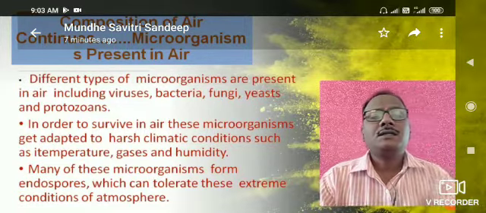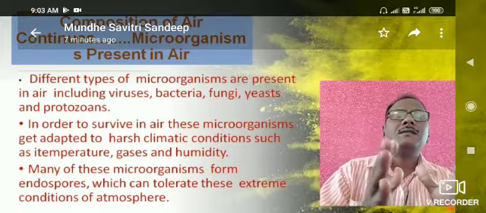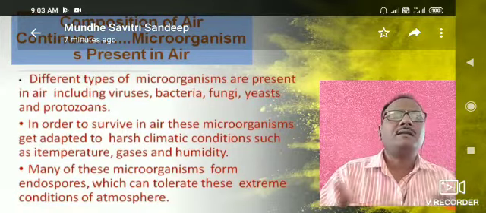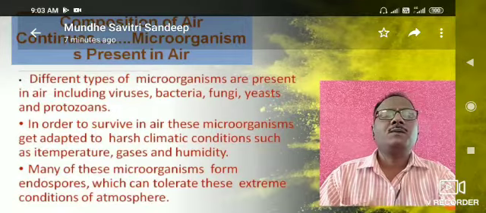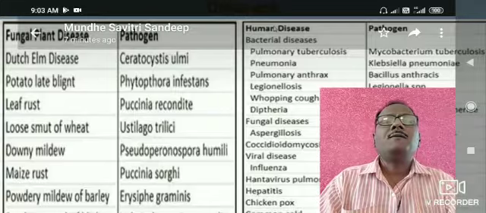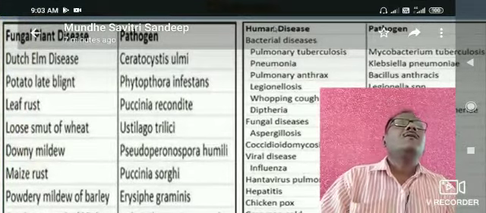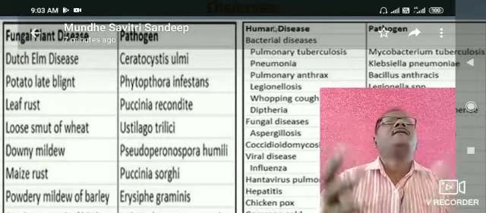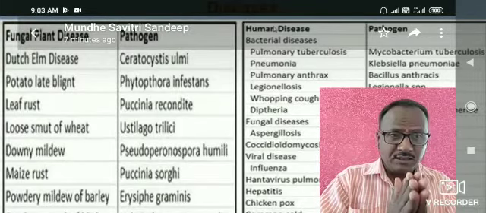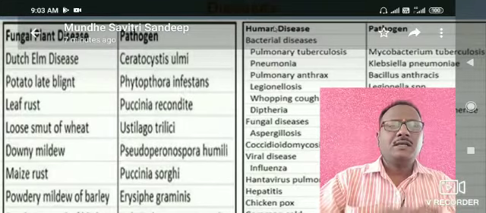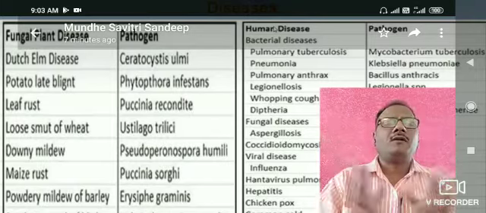After that, different types of microorganisms are present in the air. As I just gave a general idea, bacteria, algae and fungi are generally present in the atmosphere. Especially pathogenic, harmful microorganisms are present.